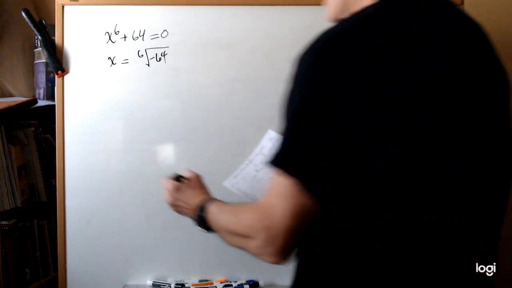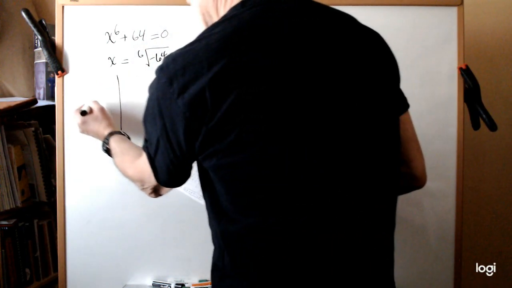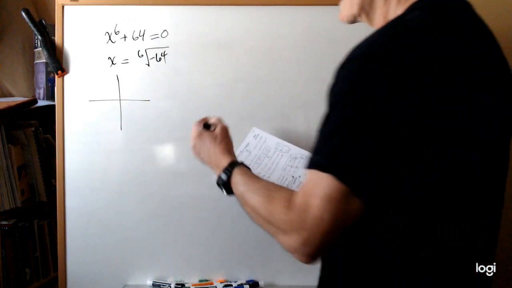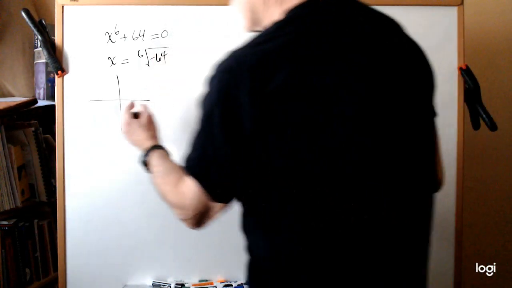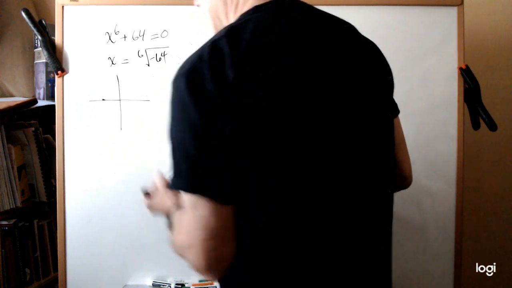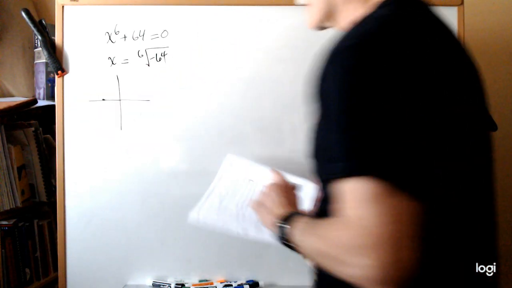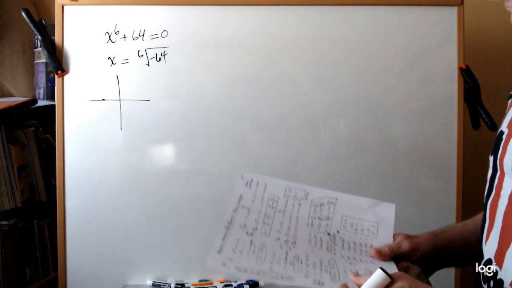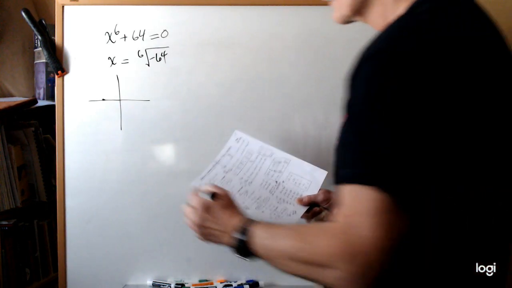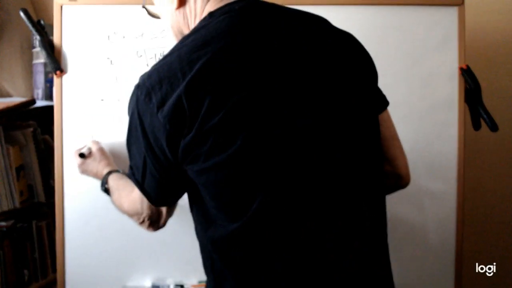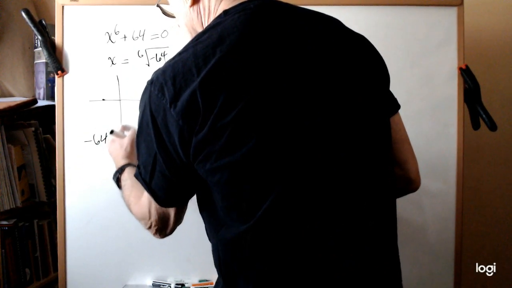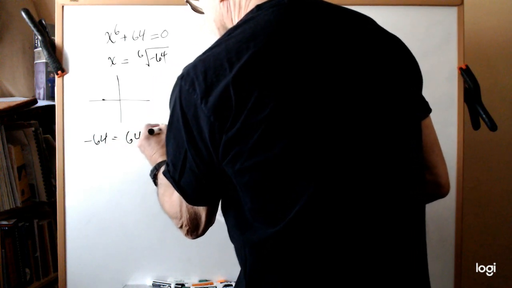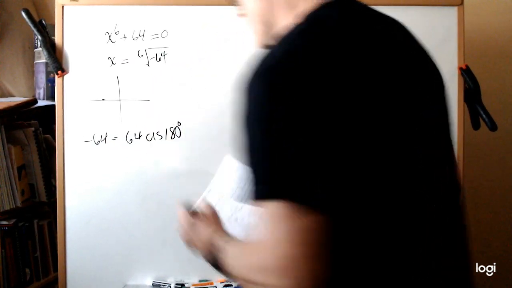Okay, so if we picture negative 64, it is a real number. The sixth root isn't, but negative 64 is. And it's clearly theta would be 180 degrees. So therefore, negative 64 equals 64 cis 180.